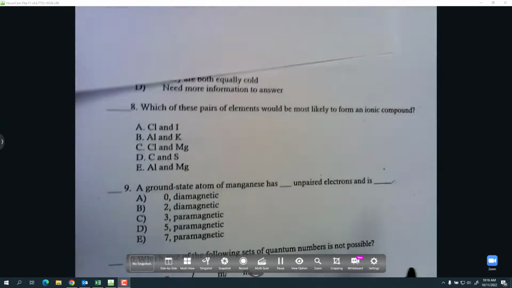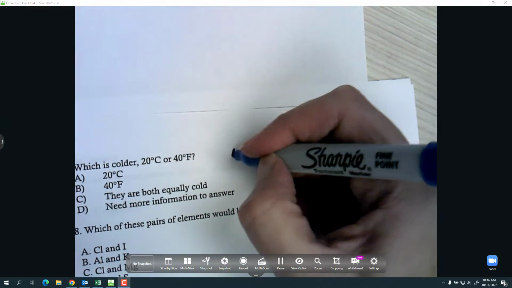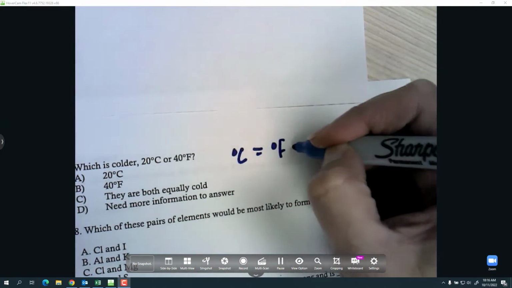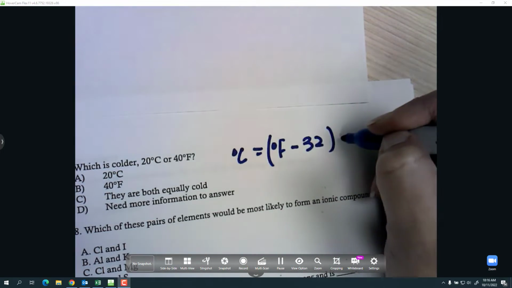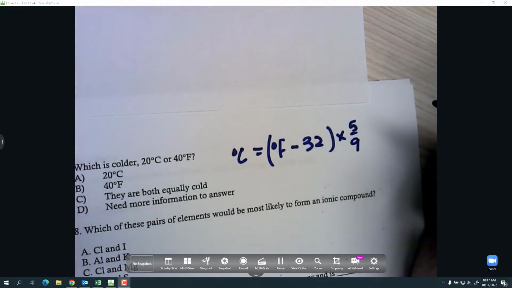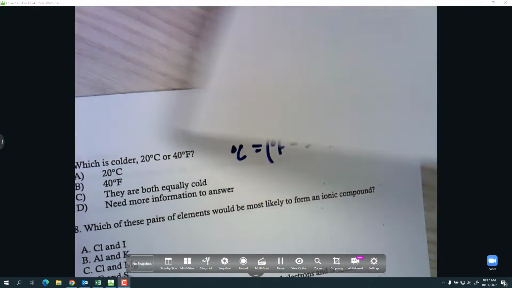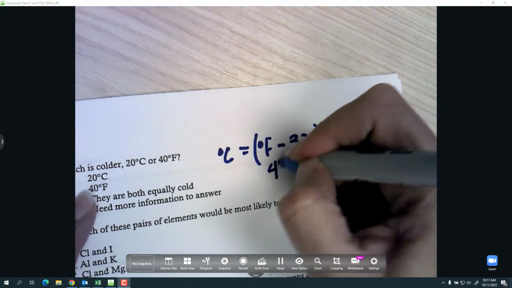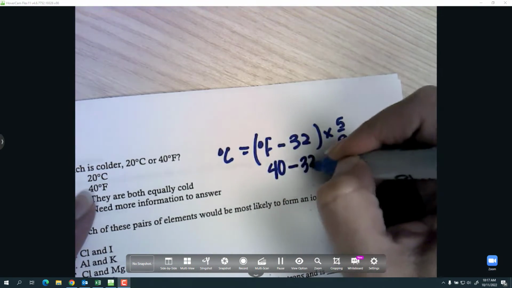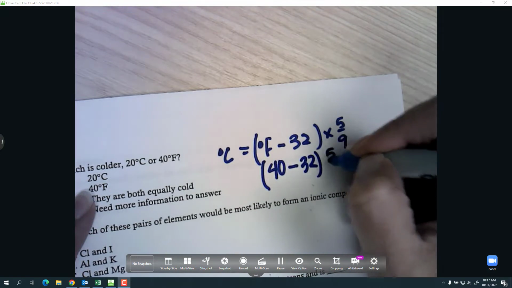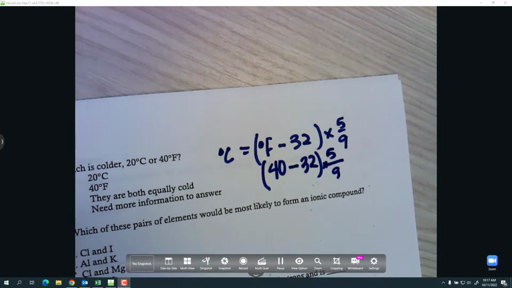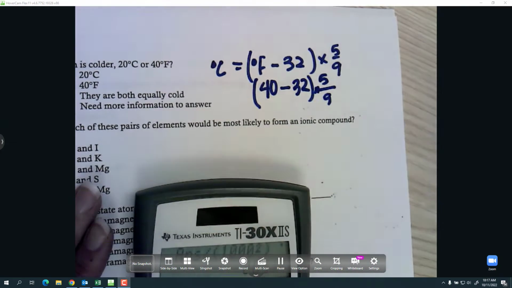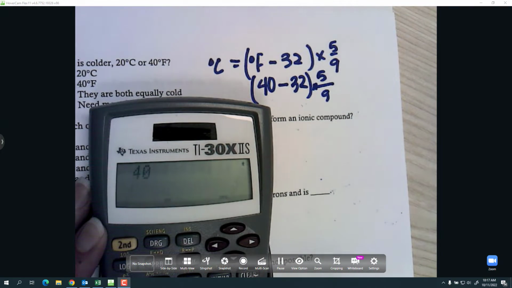So to figure out degrees Celsius, it'll be the degrees Fahrenheit minus 32 times 5 over 9. I'm copying that off of the equation sheet. So that means I'm going to take my 40 Fahrenheit, subtract 32, times 5 divided by 9.